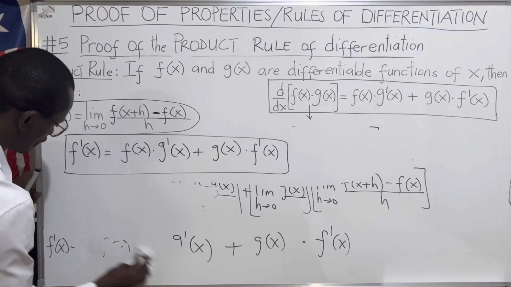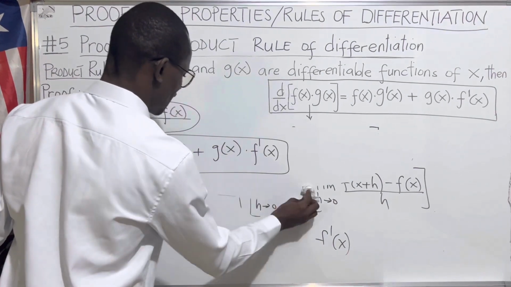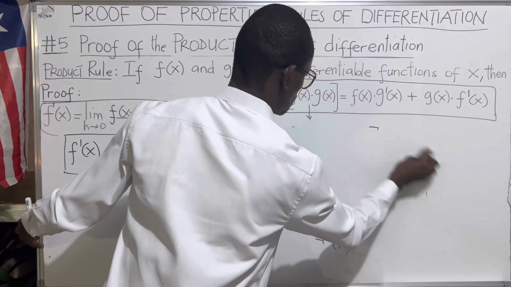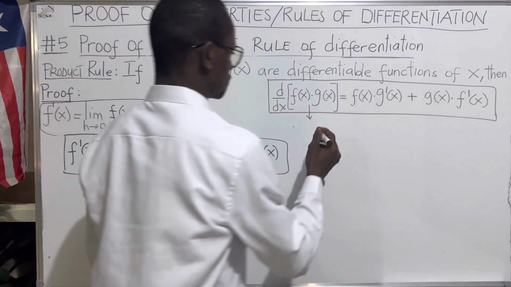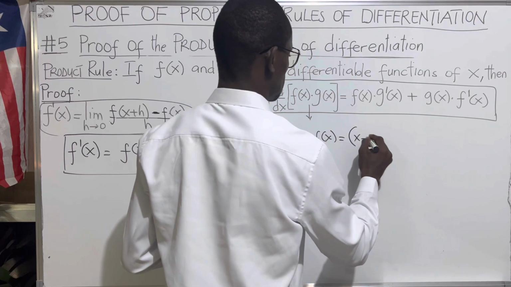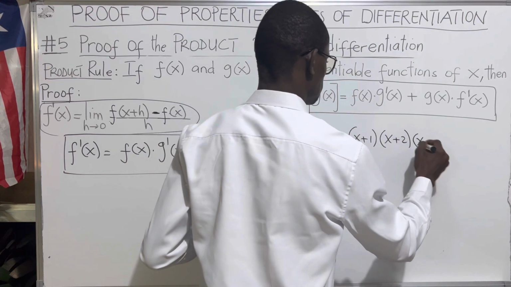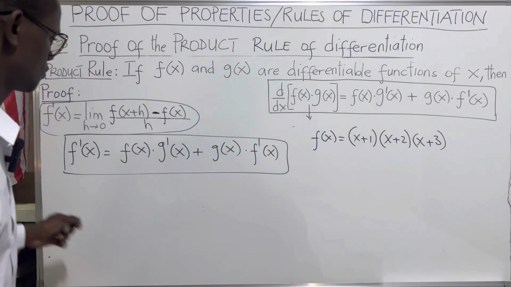But what if you have more than two factors? Assuming some problems may not appear in a form that you will have exactly two factors. You could have more than two factors, assuming you have a function like this, and it asks you to find the derivative of x plus 1 times x plus 2 times x plus 3, and so forth. Three factors.